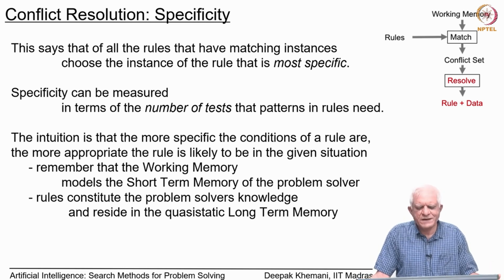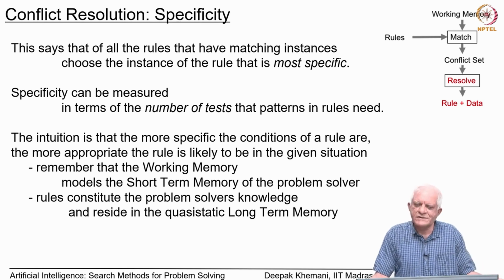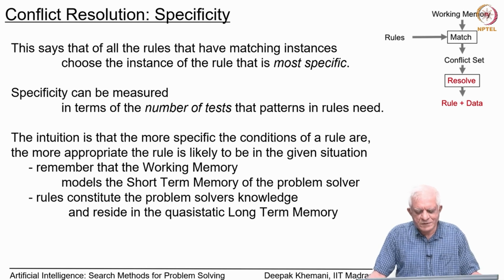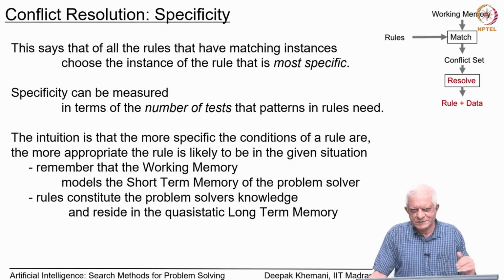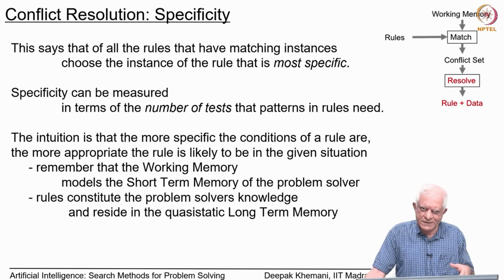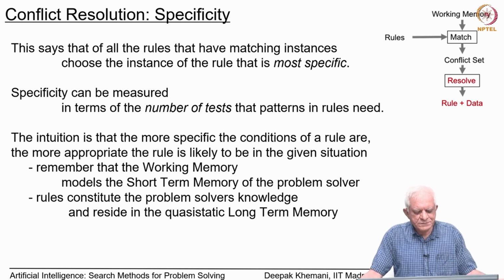When I say quasi-static, I mean it is almost static: in most implementations you input the rules and forget about it, and then just keep using it to solve different instances of problems. So, rules do not change, but what this strategy is saying is that more specific rules are better than more general rules.